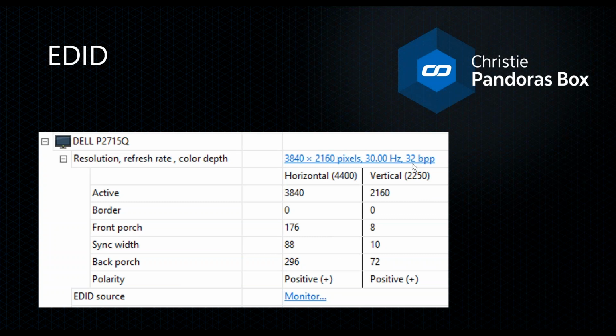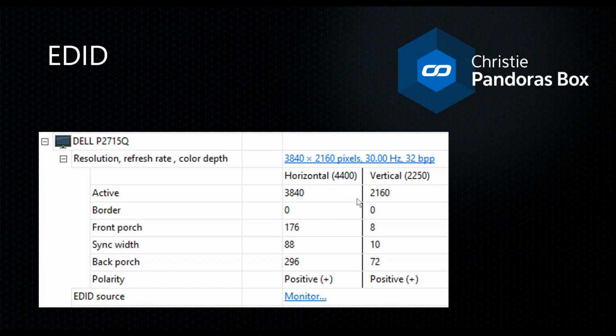These are some of the parameters the EDID is transmitting back to the graphics card: the resolution, the frequency, the bit depth, and some more parameters about the image to be built around the center or the main image information. These are all things you have to keep in mind if you talk about EDID.